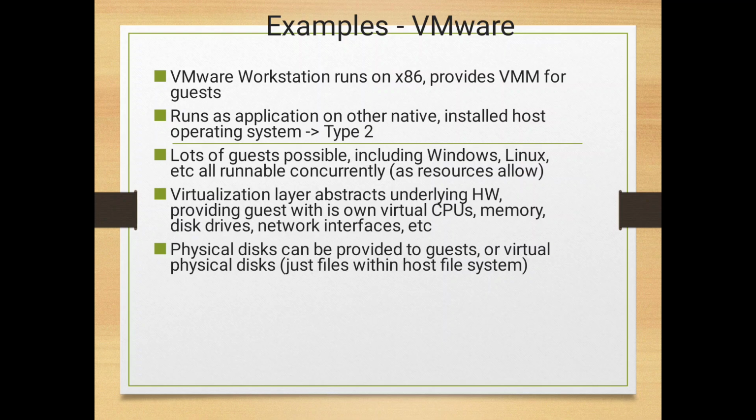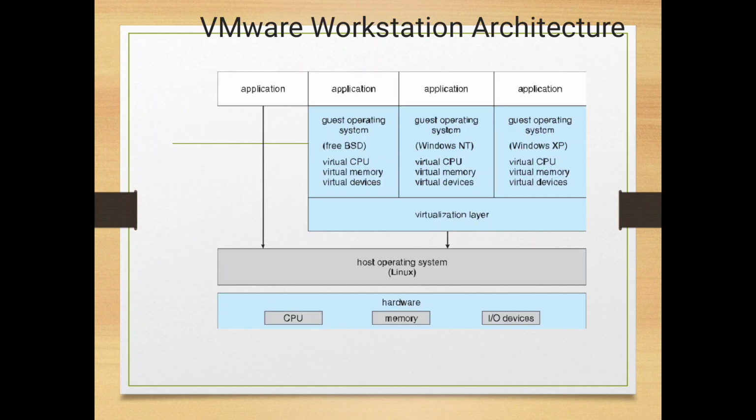The virtualization layer abstracts the underlying hardware, providing each guest with its own virtual CPUs, memory, disk drives, network interfaces, etc. The physical disk can be provided to the guest, or a virtual disk. This is the architecture of VMware. It has the applications layer, and the second layer is the guest layer.